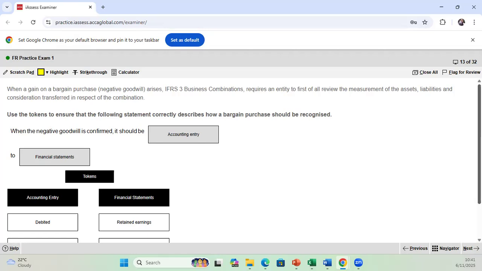This is when you acquire the assets of the business at a price less than their value. So a purchase bargain is when a business is acquired at a price below the value of net assets.